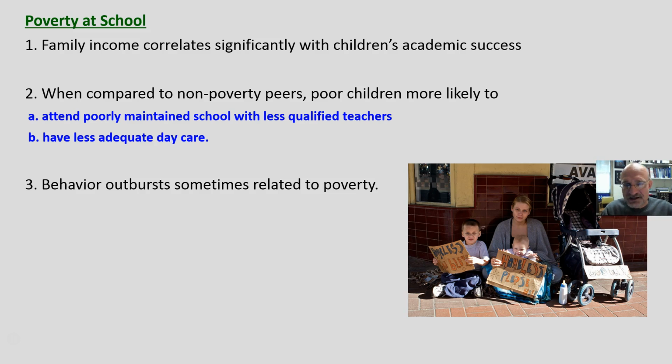They live in these areas that don't generate as much taxes, and as well have less adequate daycare, preschool. These are all things that affect cognitive development. And oftentimes there are behavior outbursts related to poverty, especially chronic exposure to stress and poverty.